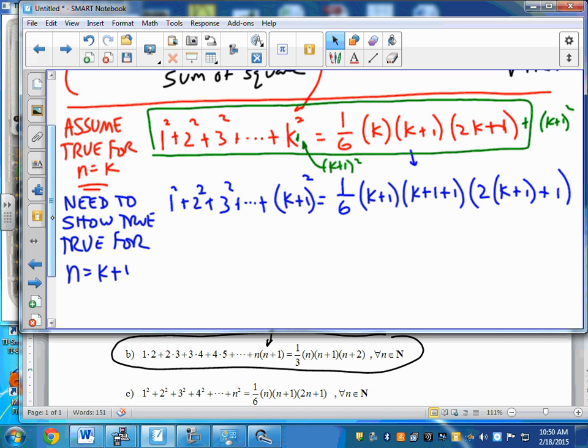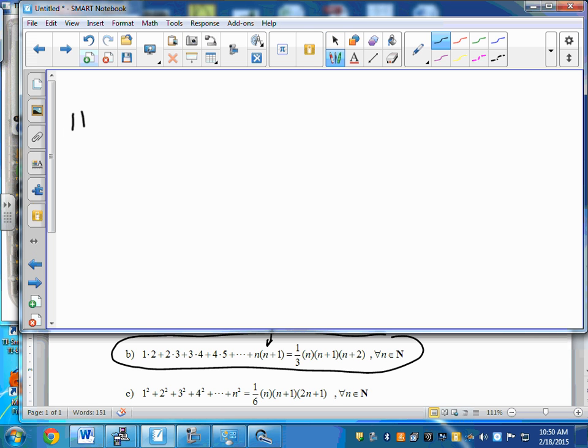Okay, so, how does this play out in a proof itself? Well, let me pull up a new page. Here's our assumption. 1 squared plus 2 squared plus 3 squared plus dot dot dot plus k squared is equal to 1/6 times k times k plus 1 times 2k plus 1. That's our assumption.